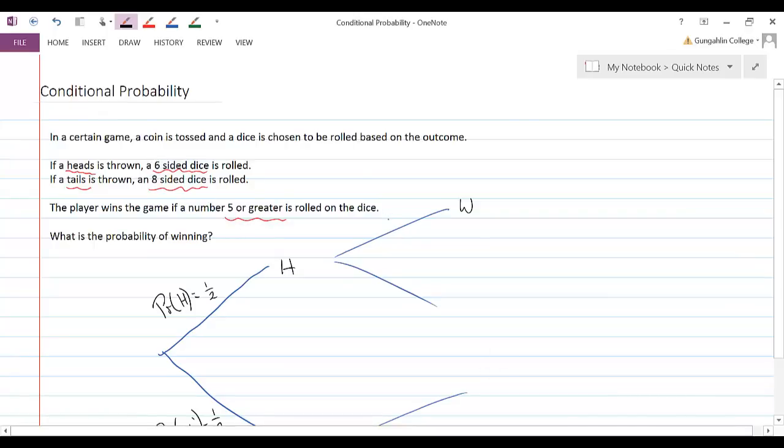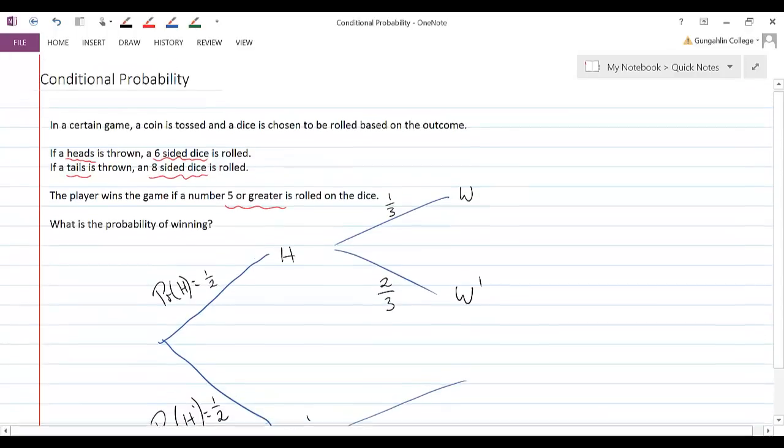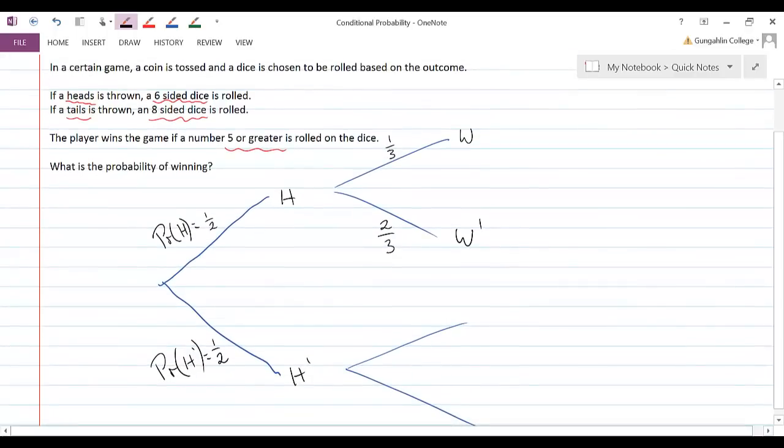Now the probability of doing that is 2 out of 6, or 1/3. The probability of not winning, if that's happened, has to be 2/3. Now, to denote these particular things, I can't just say this is the probability of winning, because I'm going to have a probability of winning down here as well. I need to be able to distinguish between these two things.